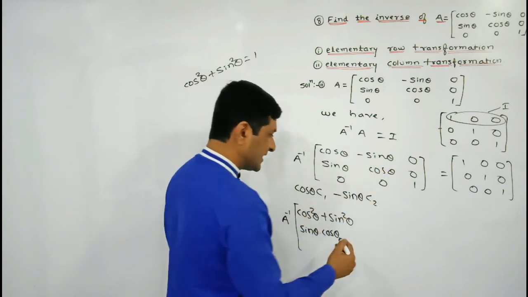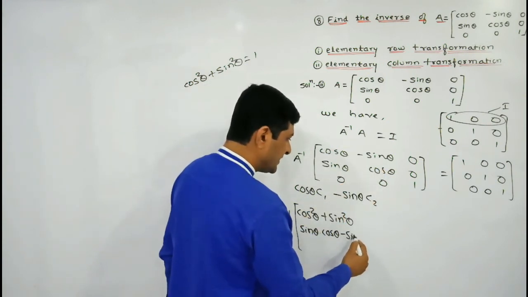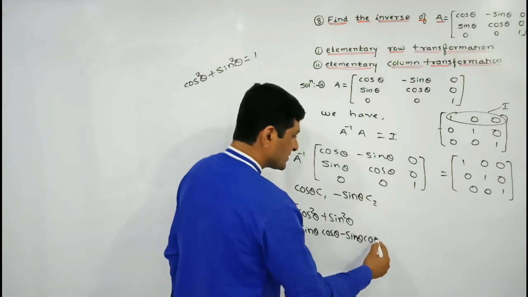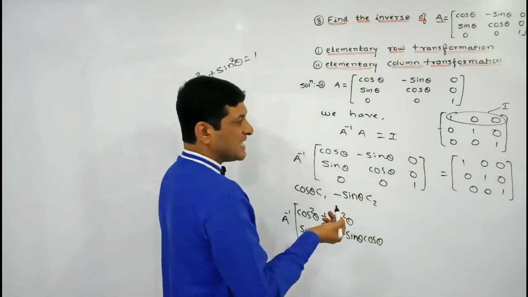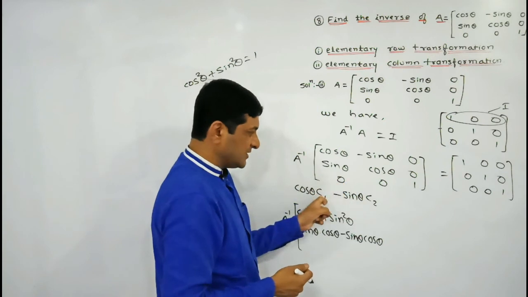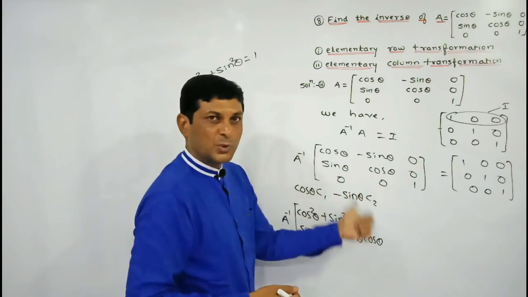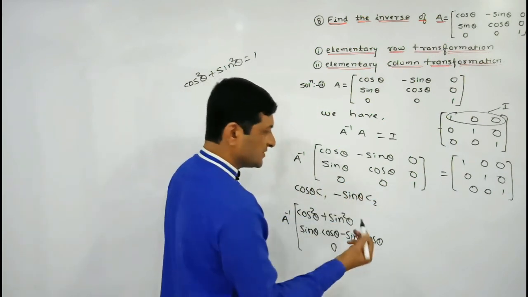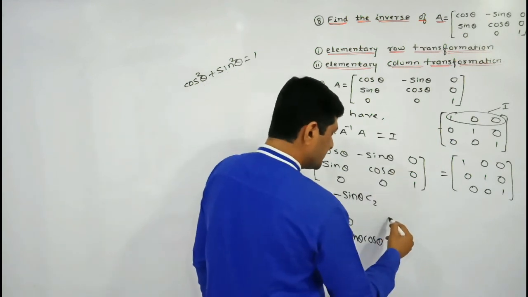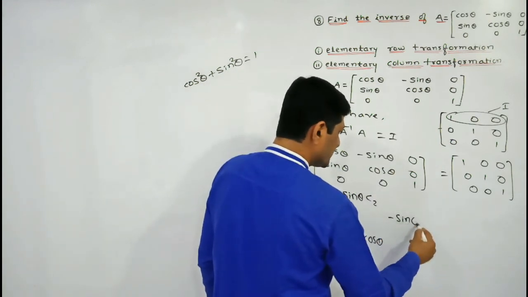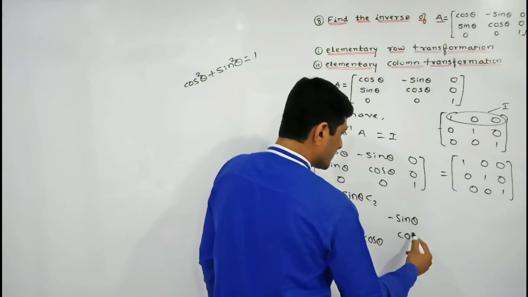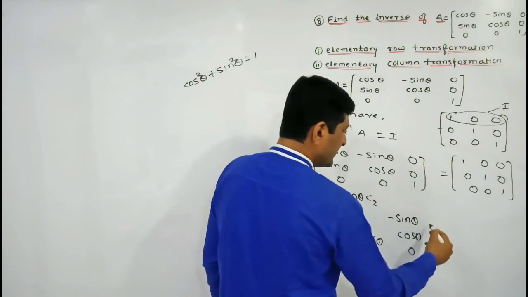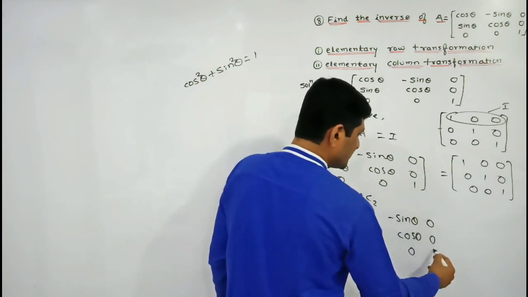Cos into minus sin will be minus sin theta cos theta. Lastly, here C1 is also 0 and C2 is also 0. Both the terms will become 0 and their difference is 0. Then keep the element of C2 as it is, because there is no operation on C2. Sin theta cos theta, 0. Keep the elements of the column also as they are, 0, 0, 1.